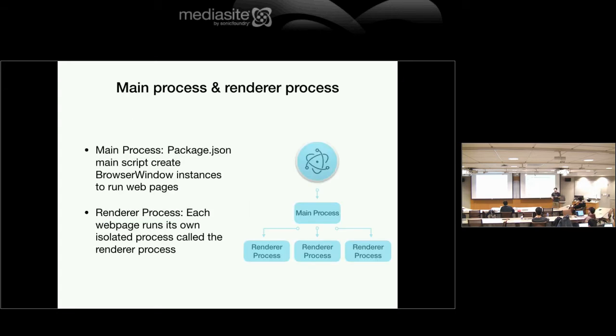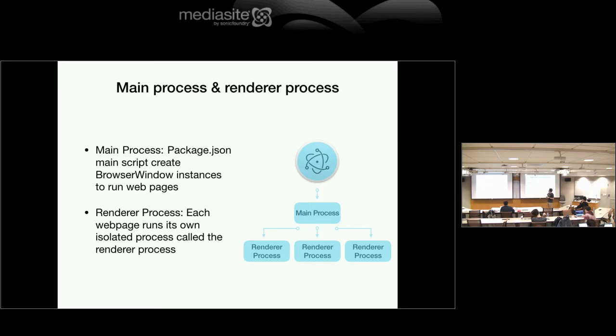Now, let me try to explain how Electron works behind the scenes as best as I can. Basically, there is a main process and there is a renderer process. The main process runs the package.json's main script, which is usually called main.js, but you can call it whatever you want. And it can display the graphical user interface by creating web pages.